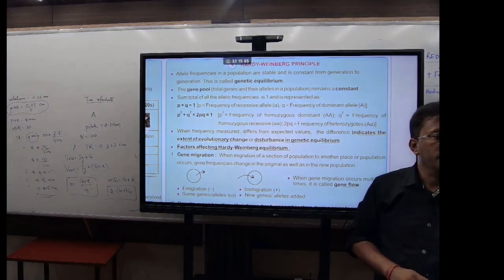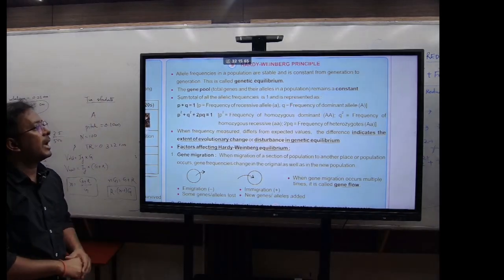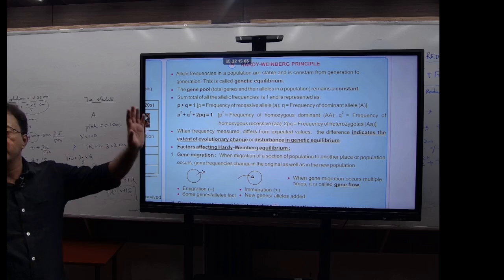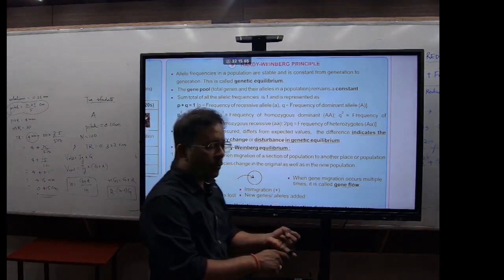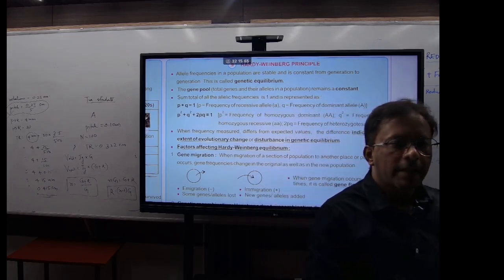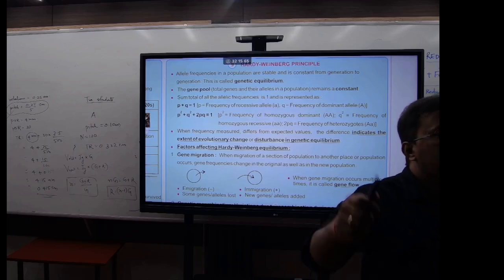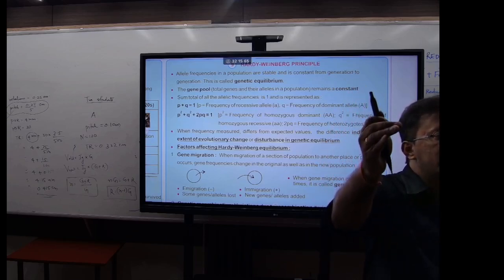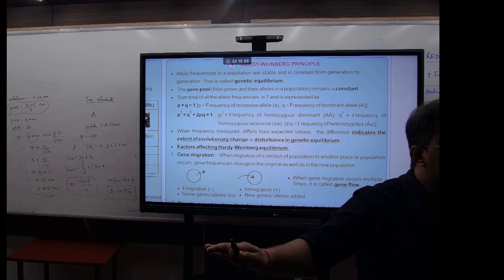The theory is simple. The gene pool, or the total number of genes and their alleles in a population, remains constant. What are those alleles here? Homozygous dominant, heterozygous dominant, and recessive genes. If the frequency of all these alleles remain constant, the population is not going through any evolution.